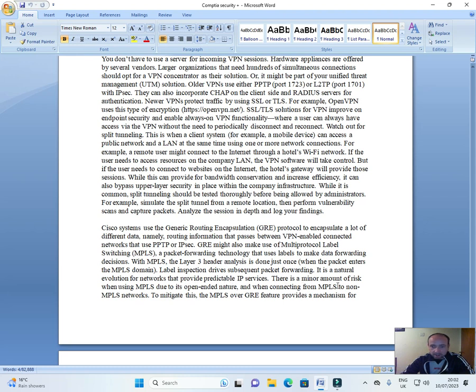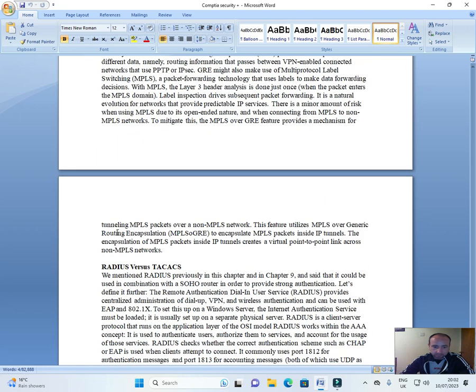There is a minor amount of risk when using MPLS due to its open-ended nature and when connecting from MPLS to non-MPLS networks. To mitigate this, the MPLS over GRE feature provides a mechanism for tunneling MPLS packets over a non-MPLS network.